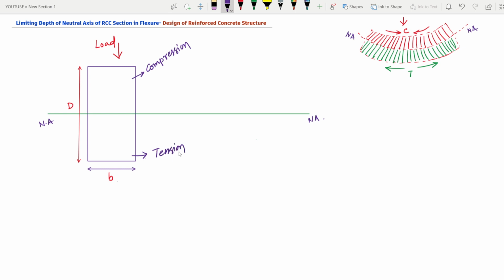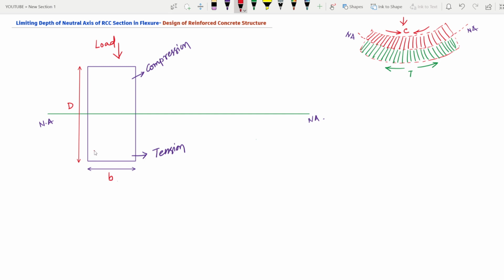Okay, now what are the assumptions that we make in IS 456? That the concrete is good enough to take the compression, but we do not consider the concrete to be effective under tension. Obviously we know concrete is weak under tension, so the tension will be taken by the reinforcement bars or rebars, right?